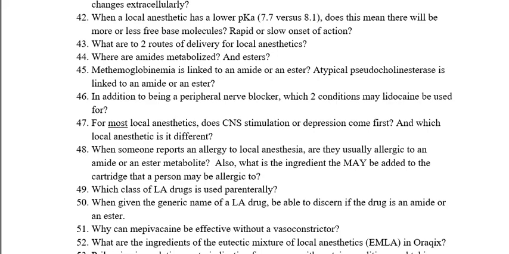So know that. If someone's allergic to local anesthesia, they're usually allergic to an amide or an ester metabolite, usually an ester metabolite. And what ingredient may be added to the cartridge that a person may be allergic to? The ingredient is the preservative for the vasoconstrictor, and that is sodium bisulfite. Now, this is important for you to know. People that are steroid dependent, we talked a little bit about that last class, steroid dependent asthmatics.